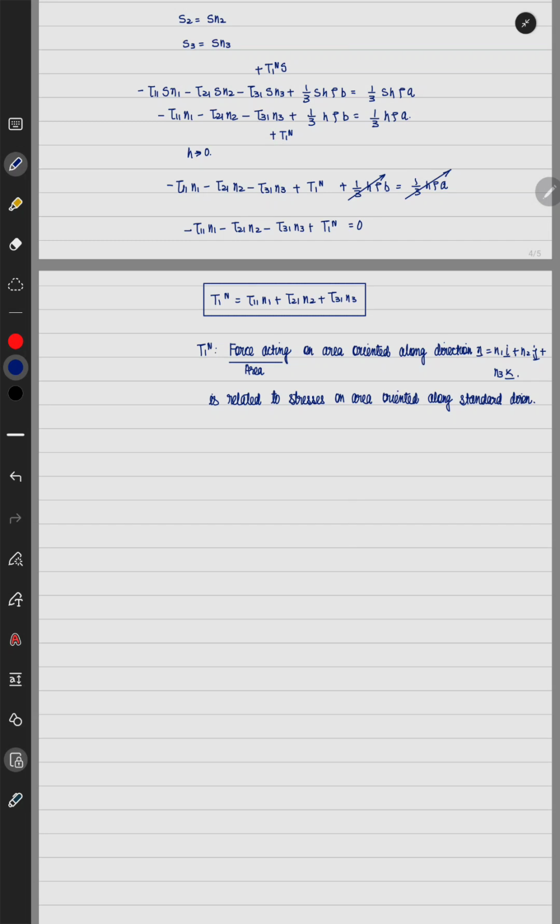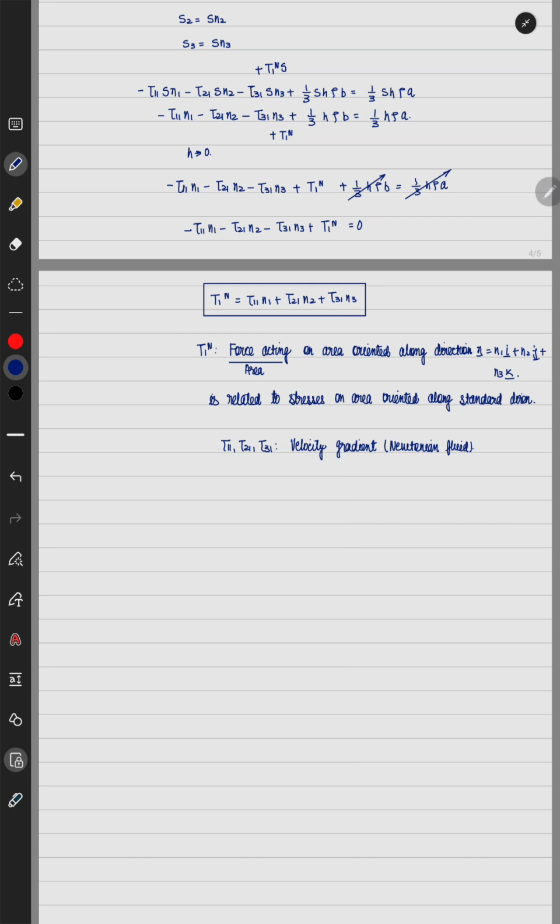And this tau 11, tau 21 and tau 31 can directly be related to the velocity gradient. How will it be related to the velocity gradient in the case of Newtonian fluids? We will discuss this in the upcoming course. For now, just try to grasp this.